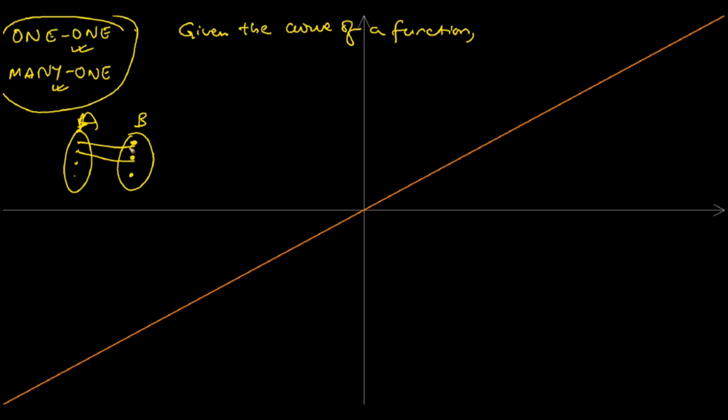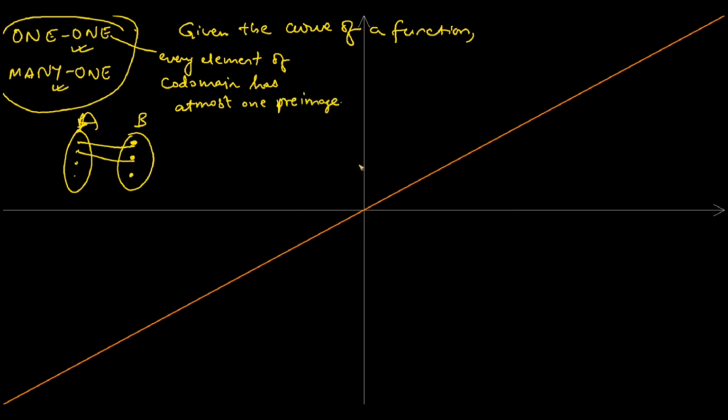So for a one-one function, every element of the codomain has at most one preimage.